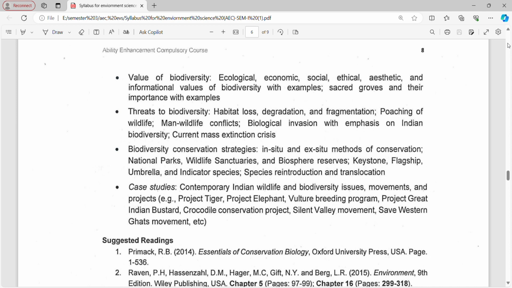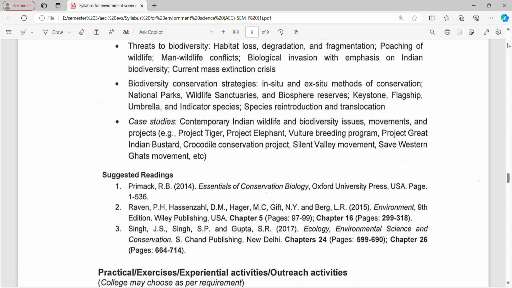Then some case studies on contemporary Indian wildlife and biodiversity issues, environment movements, projects like Project Tiger, Project Elephant, Vulture Breeding Program, Project Great Indian Bustard, Crocodile Conservation Project, Silent Valley Movement, Save Western Ghats Movement, etc. These are the suggested readings.